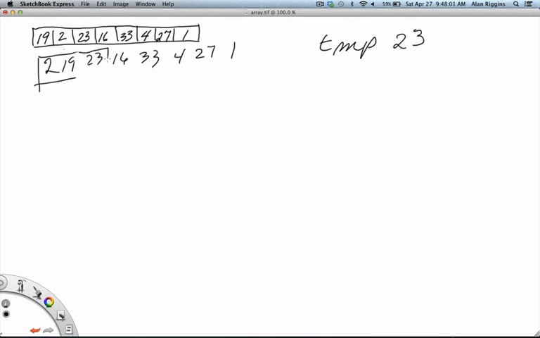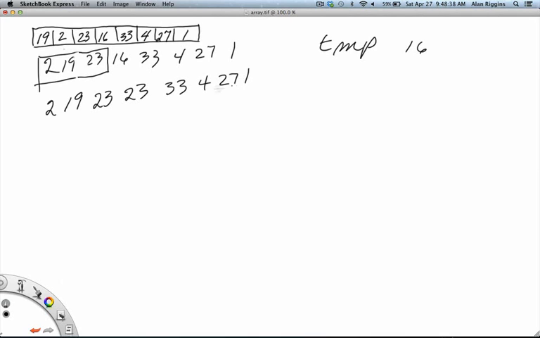The 16. So we put the 16 in temp, and we're going to overwrite it is what we will do. So we're going to shift this down until we find the place where it goes. So what we will now have is 2, 19, 23, 23, 33, 4, 27, 1.